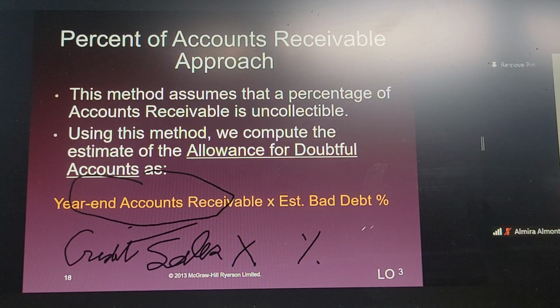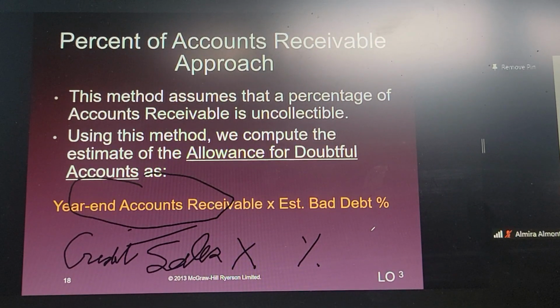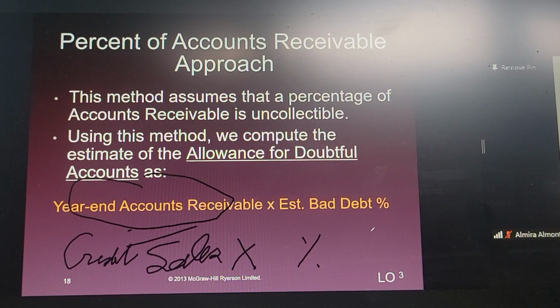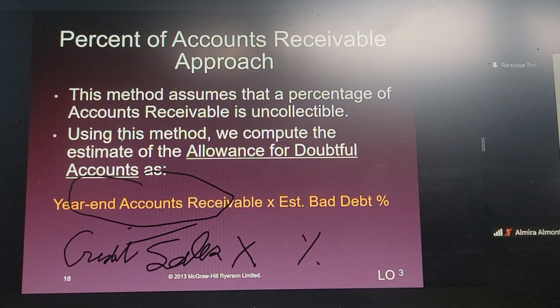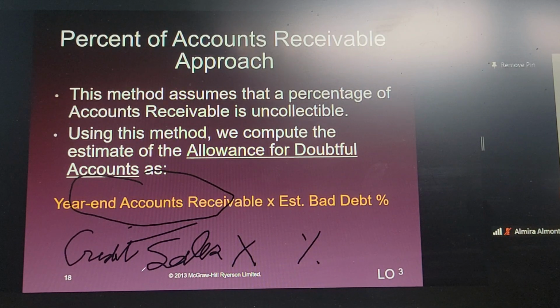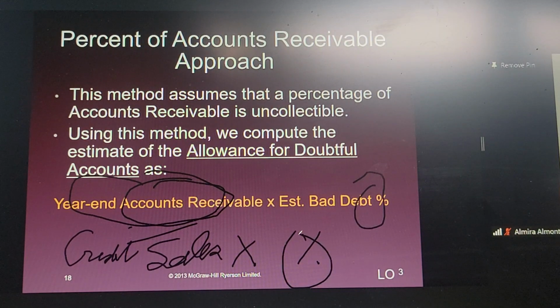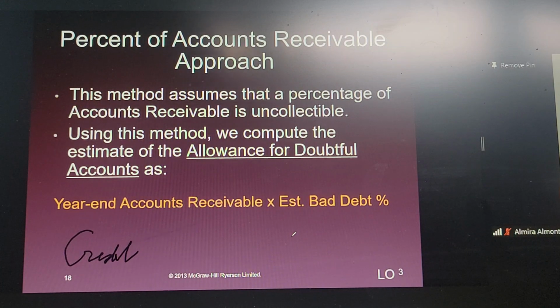Accounts receivable by the percent. That's it. Same thing. Credit sales for the income statement, I use the credit sales. Accounts receivable, I'm using the accounts receivable by the percentage. Straightforward, I'm multiplying by the percentage.